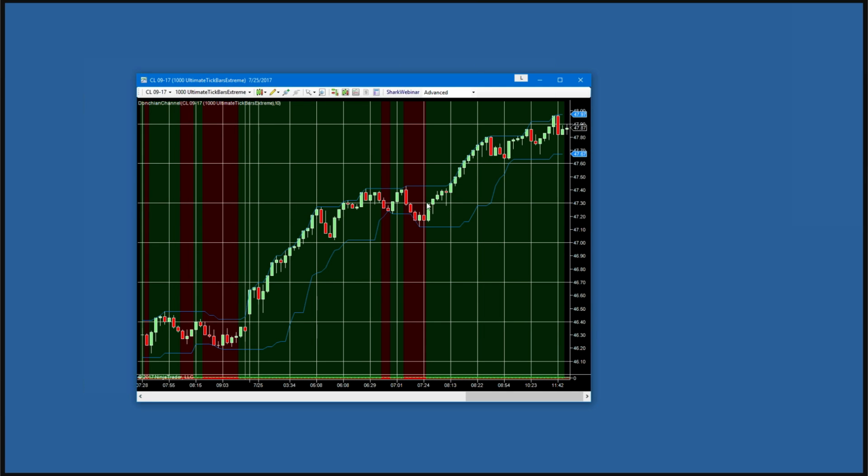So what happens is when that guy triggers right there, I know I'm going to get another trigger right there, and I can expect follow through to the tune of about 30, depending on how big that range was, but you're getting in way before. And so this system gives you an edge over using a straight out Donchian kind of an approach.